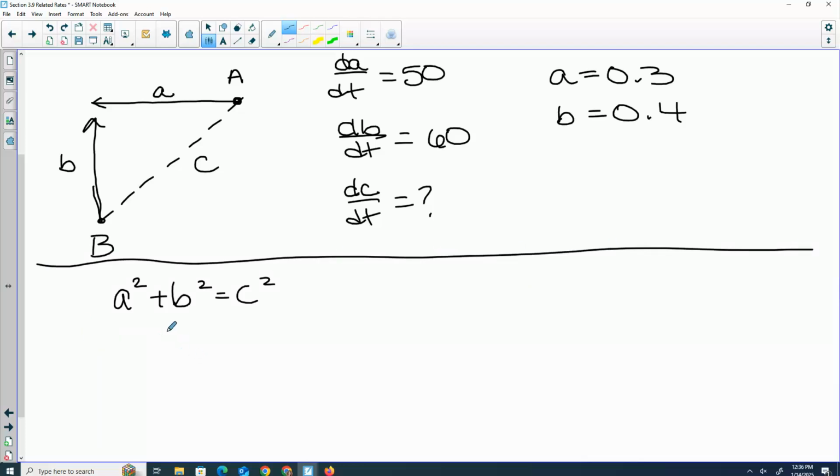Alright, so derivative of A squared would be, derivative of B squared, derivative of C squared.